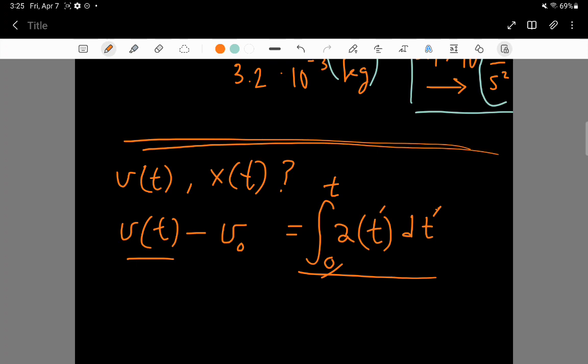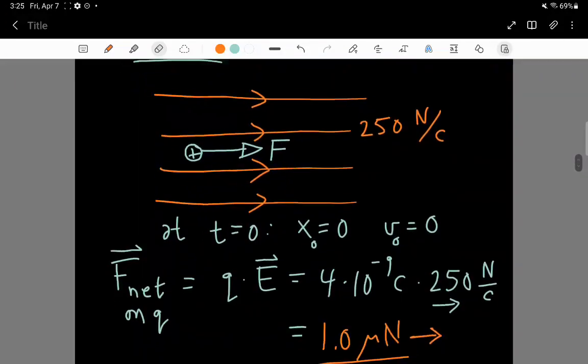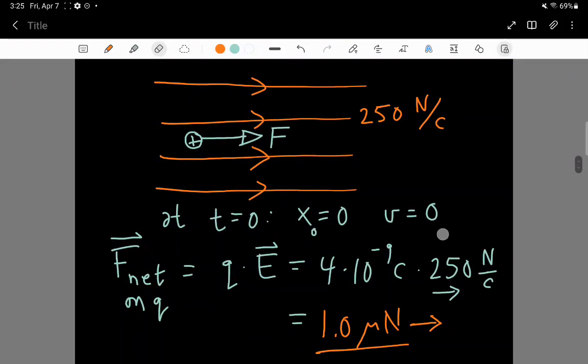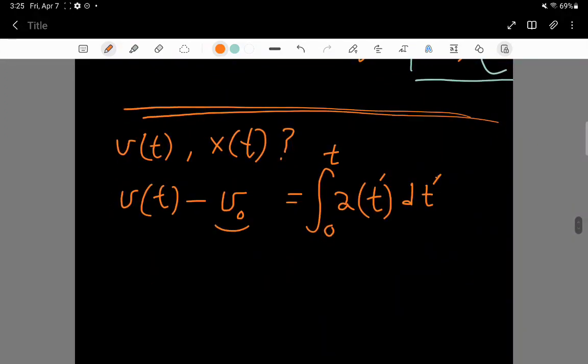So that's all to say that really the integral should be this one that I just wrote. But if you recall, the initial velocity is 0. So this thing right here, I'm just going to put a 0 in for it.